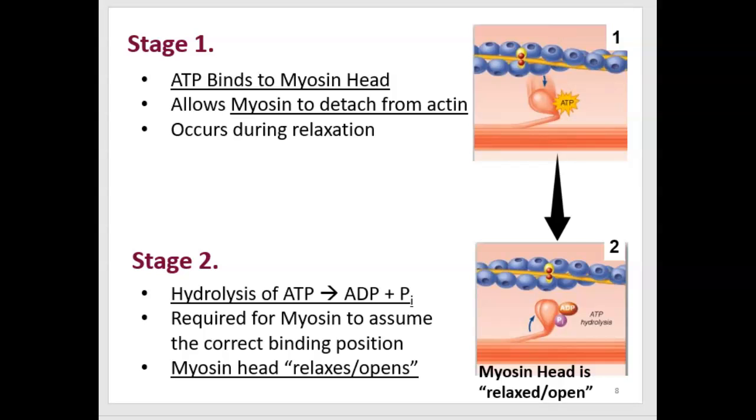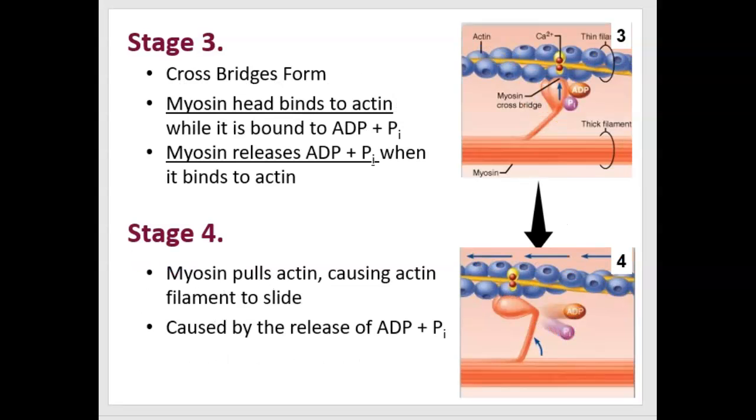And now it's in the correct binding position so that during stage 3, the myosin head actually binds to the actin. When this occurs, myosin is going to release the ADP and inorganic phosphate. And when that happens, now the myosin head goes back to its cocked position, pulling the actin with it.